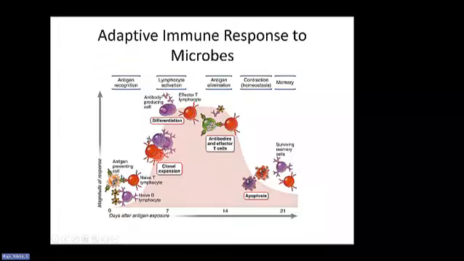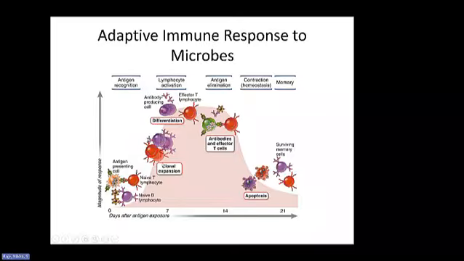There is recognition of those antigens. And once those are recognized, these lymphocytes undergo clonal selection and then clonal expansion that we talked about. Because these lymphocytes were able to recognize the antigen, they got selected to proliferate and make a clone by clonal expansion.